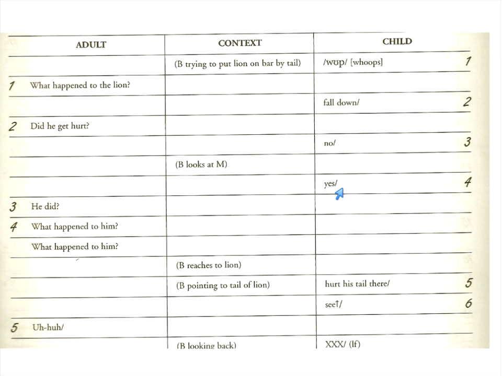So now, here at number 6, you see Bridget said C, and you see that little arrow, it just means that she had rising intonation, and that was the end of her utterance. It means that there was a pause. That was the end of her utterance. So all of this, fall down, is a sentence utterance. This is a single word utterance.